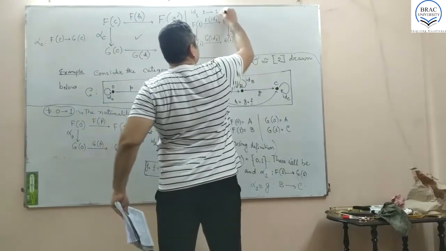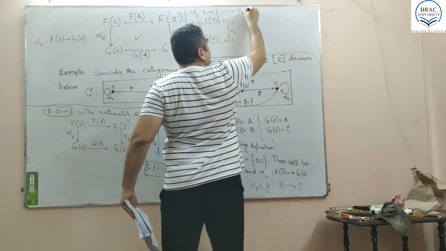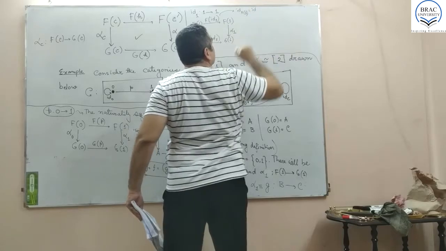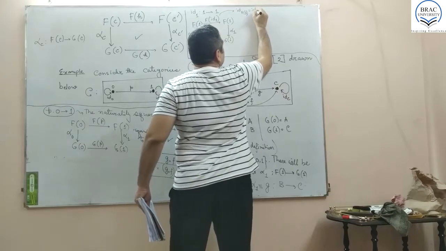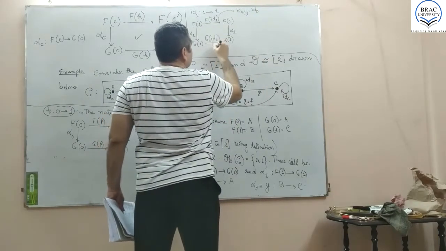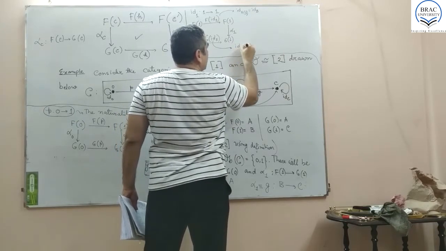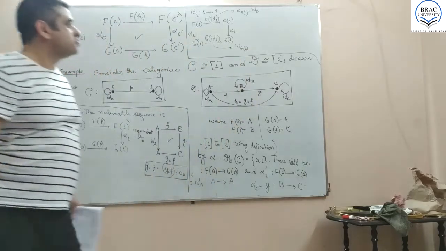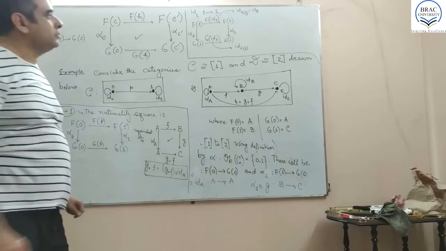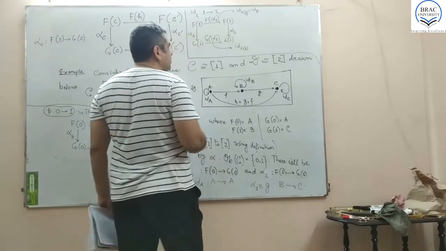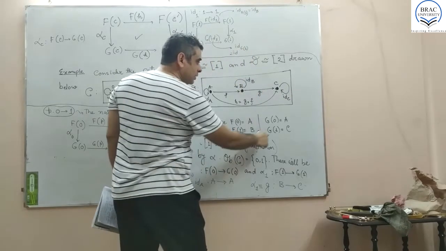So F of ID1 should be the same as ID of F of 1, which is the identity morphism on B. And G of ID1 should be ID of G of 1, which is the identity on C.